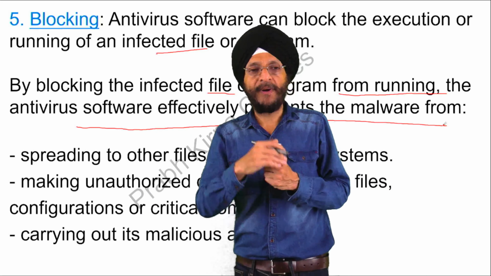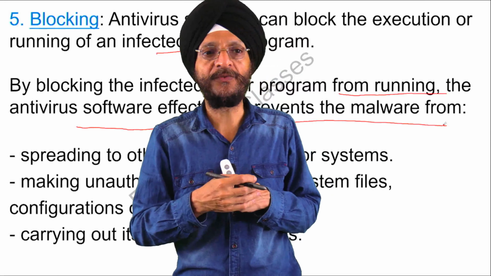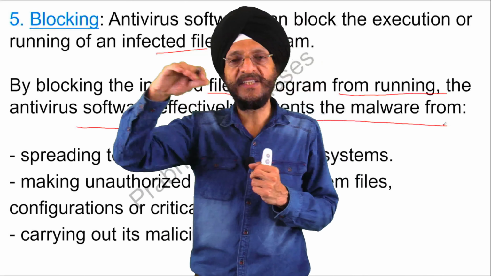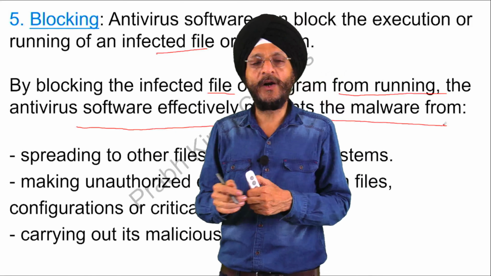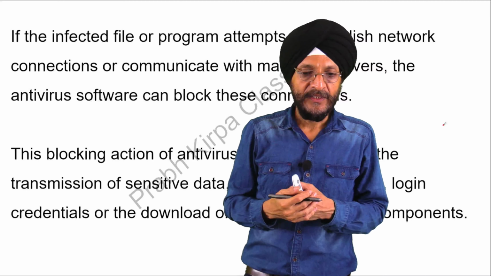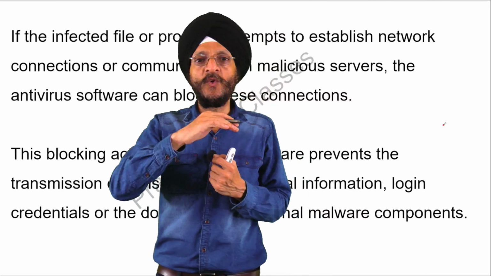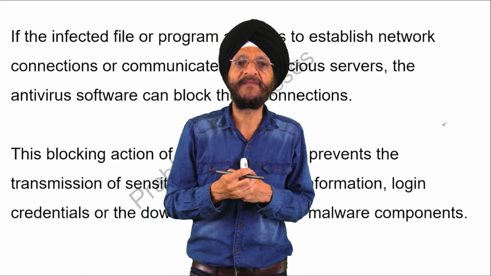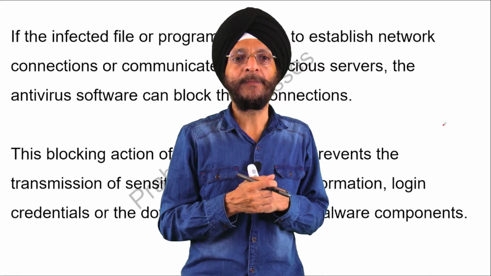Or by blocking the infected file, the antivirus software prevents the malware from making changes to other system files or carrying out its malicious activities. If the infected file or program attempts to establish network connections or communicate with a malicious server, the antivirus software can block these connections.